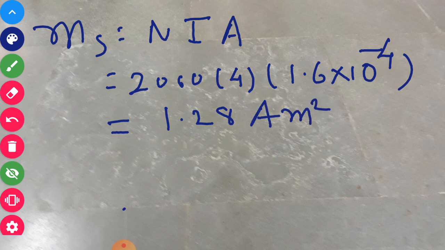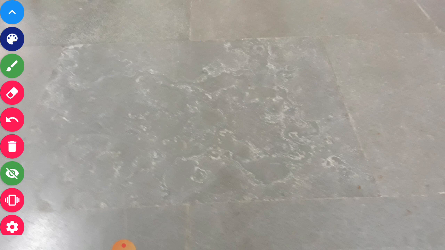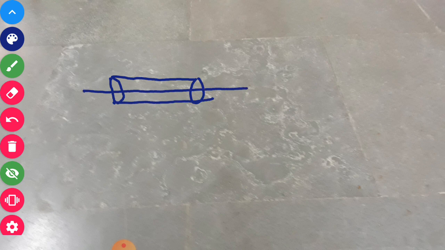Now question B, what is the force acting on this solenoid? Now try to understand when the solenoid is placed in a uniform horizontal magnetic field. If you try to understand with the figure, say this is the solenoid, it behaves as a magnetic dipole. This is the axis of the solenoid, we can consider it as a bar magnet also.